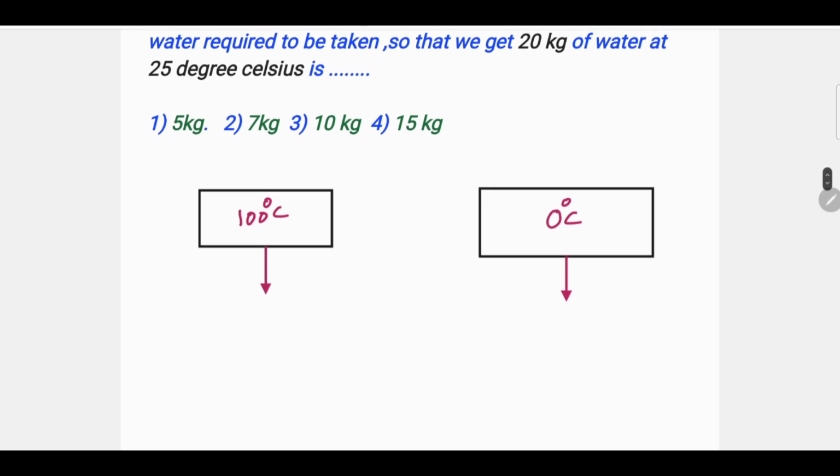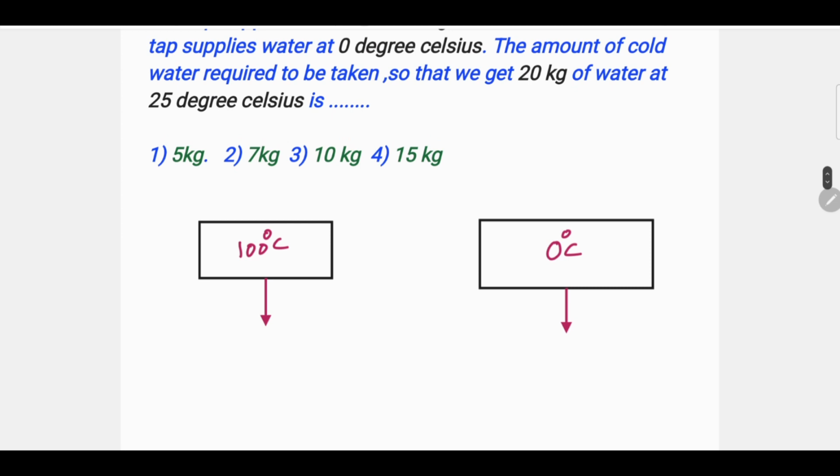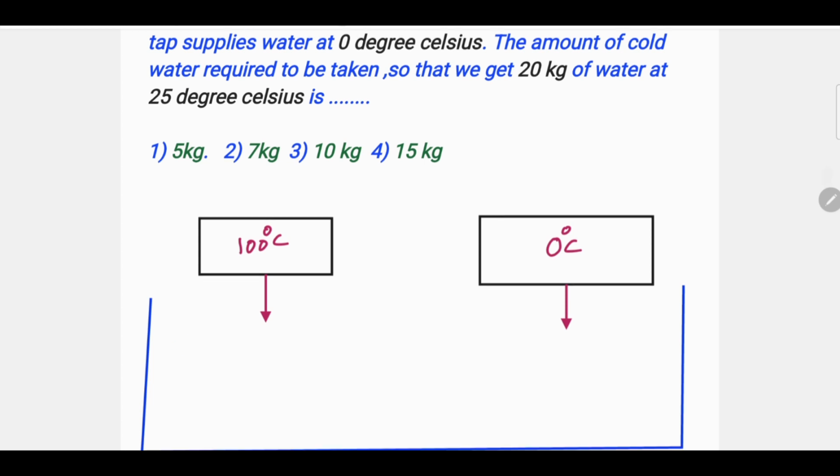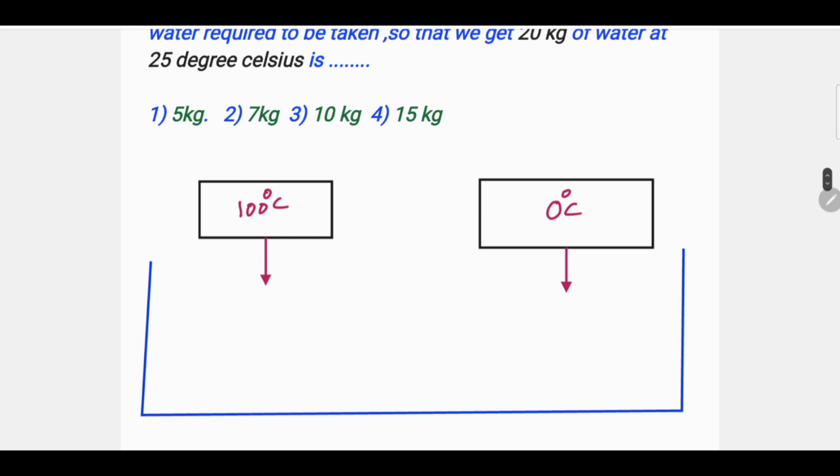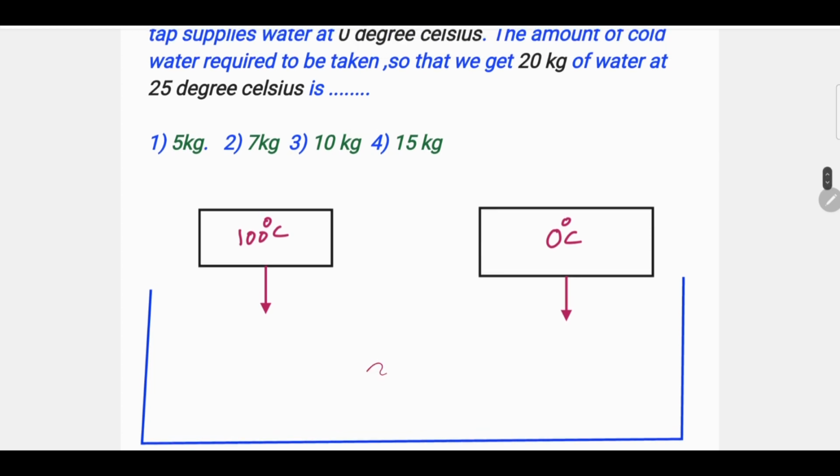Now you imagine that these two taps are filling a big water tank. You have to think like this. In this water tank, we require 20 kilogram of water at 25 degrees Celsius.